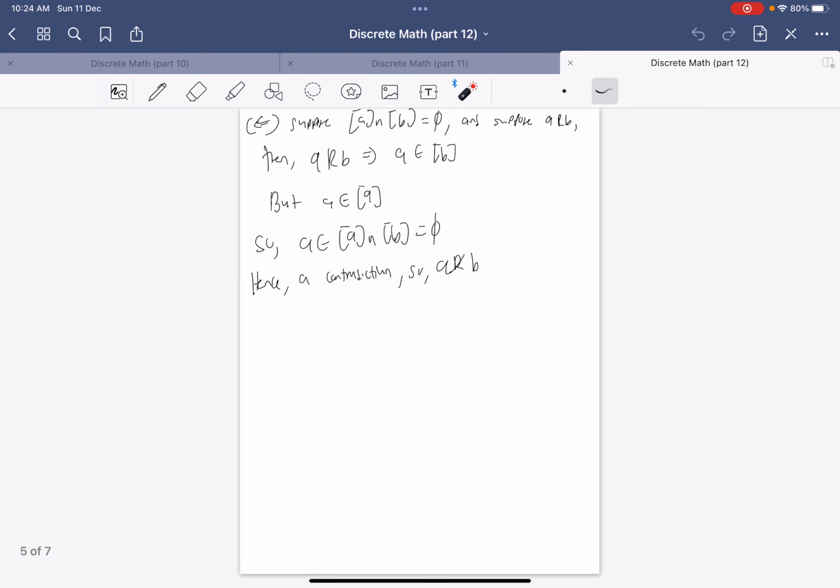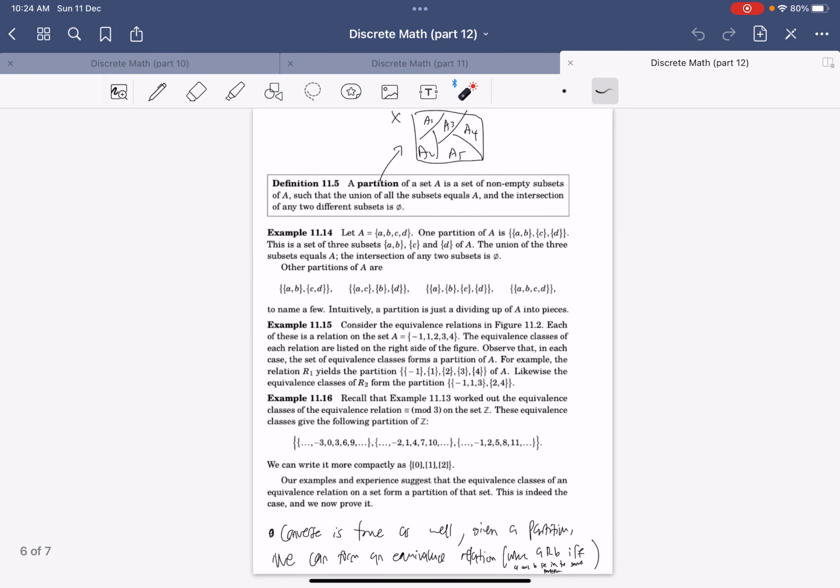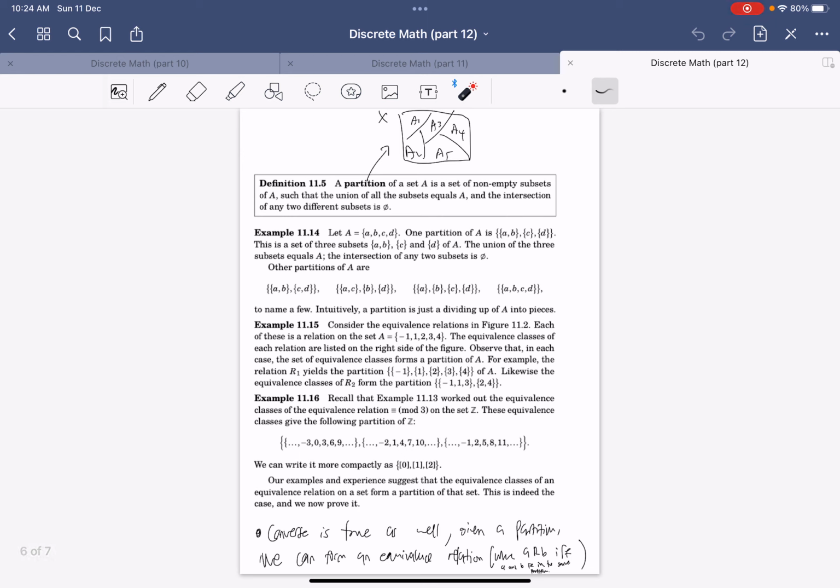Now, let's talk about the partition that I said earlier. A partition is a very intuitive thing in English where you imagine you have objects and you want to just partition them, so it's kind of a separation. So a partition of a set is to have non-empty subsets of A, so each of these pieces must be non-empty.